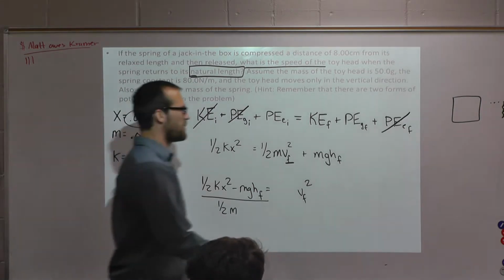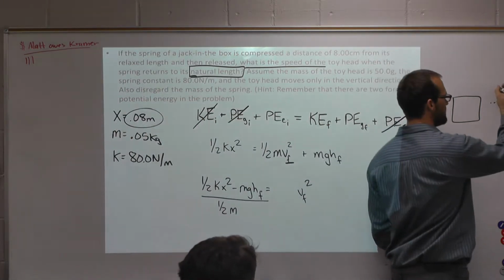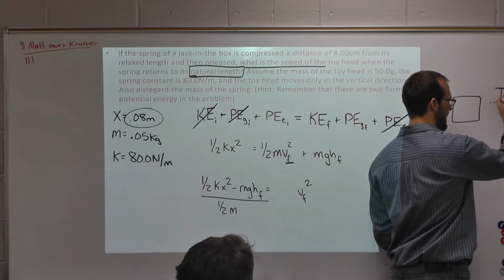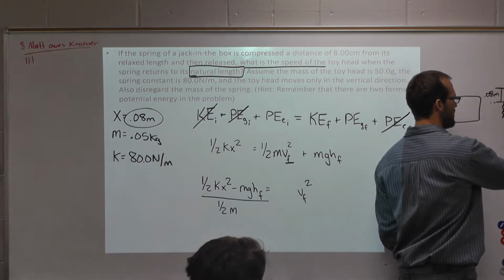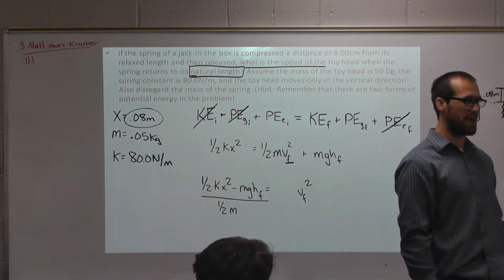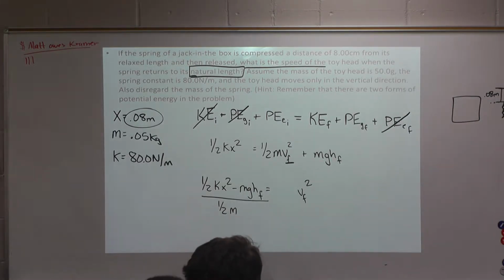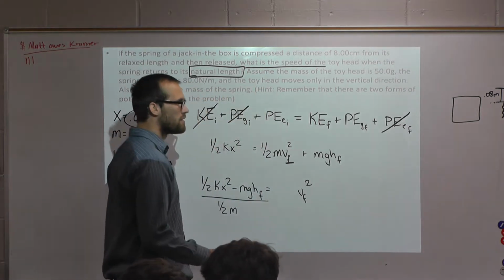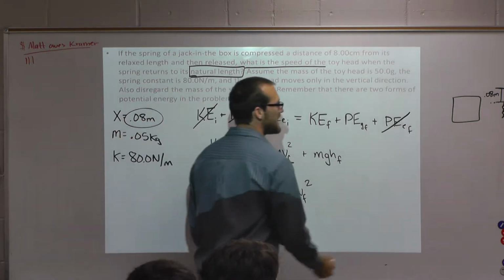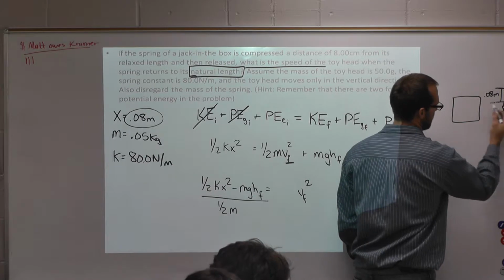Because if I said the difference between relaxed and stretched is 0.08 meters, wouldn't that then be the height above zero level once you got to the relaxed spring length? What we're saying is this is our zero level.